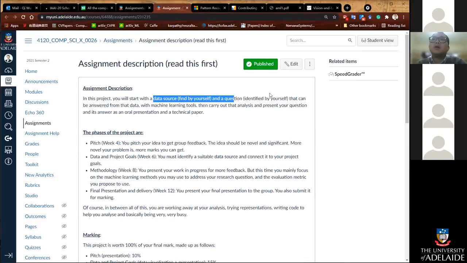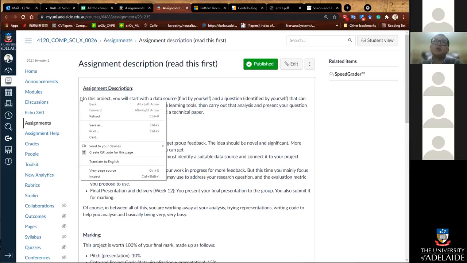So you need to identify the data set, identify the question, and then with the machine learning tools, carry out that analysis and present your question and its answer as an oral presentation and a technical report. That's the full description of this project.